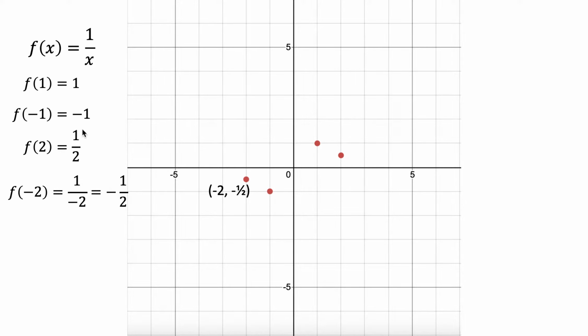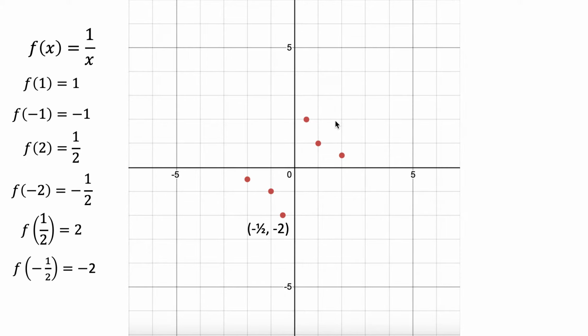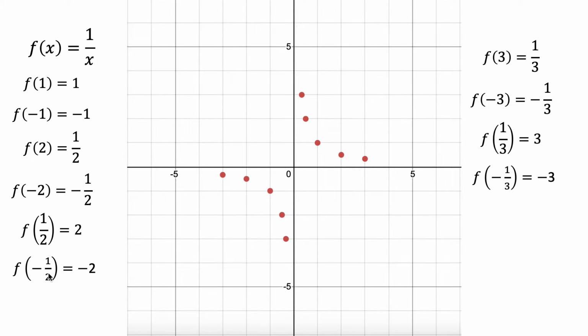Because we want to save time, let's do the opposite, because the reciprocal of the reciprocal is the original number. So reciprocal of 1/2 equals 2. So 1/2, 2 is on the graph, and -1/2, -2 is the same thing. Now I think we can all see logically, just to save a bit of time, if I've done this with 2, I can do it with 3 as well.